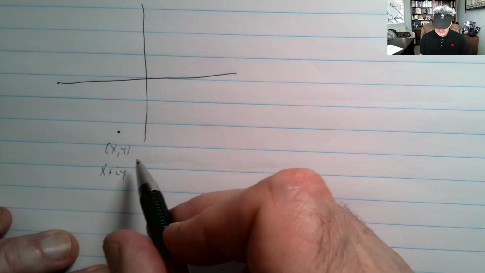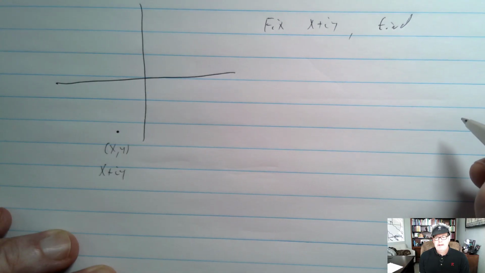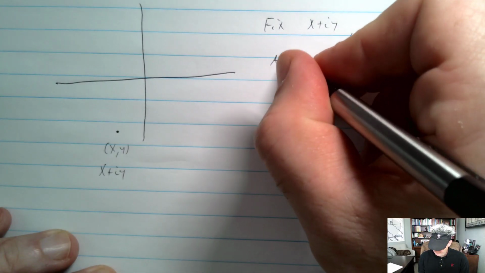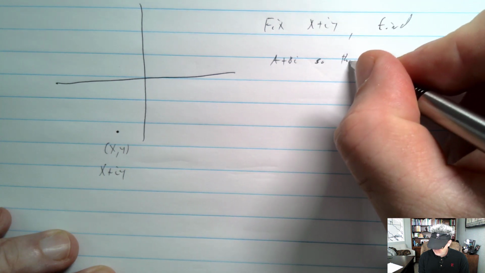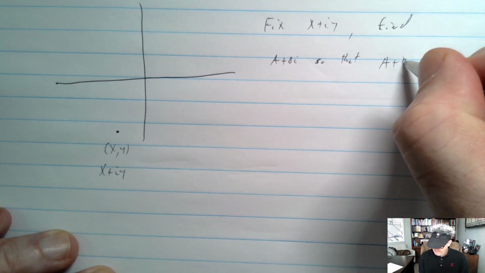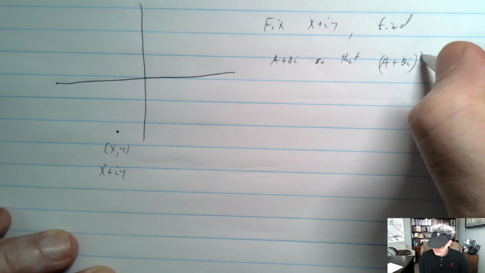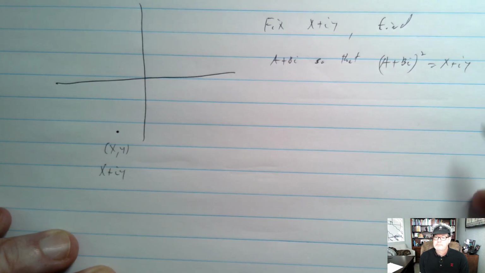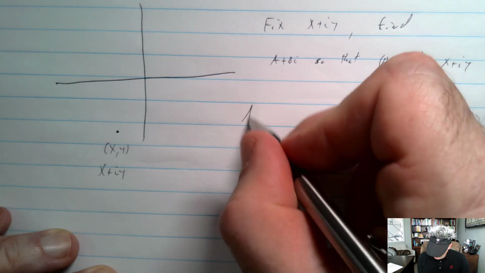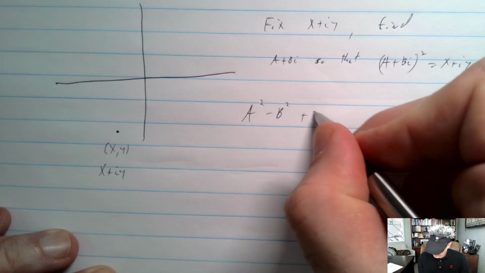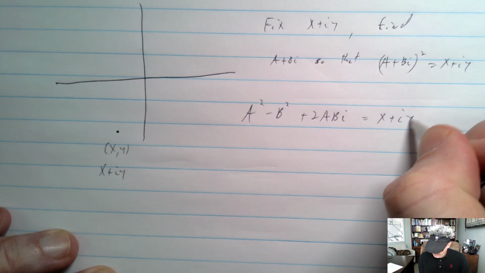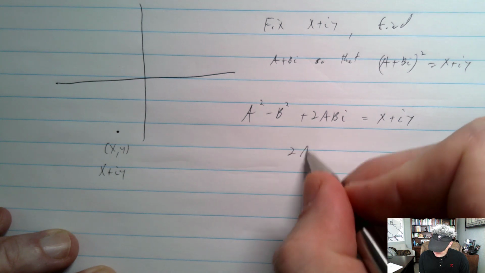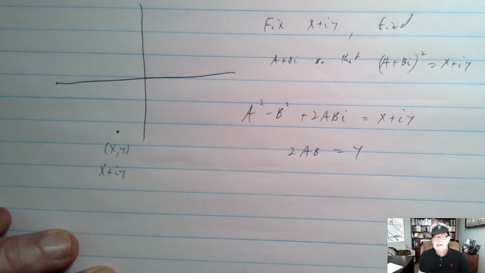So again, fix any point, find a plus bi, so that a plus bi squared is x plus iy. So we'll get a squared minus b squared plus 2abi has to equal x plus iy. 2ab must equal y as before.